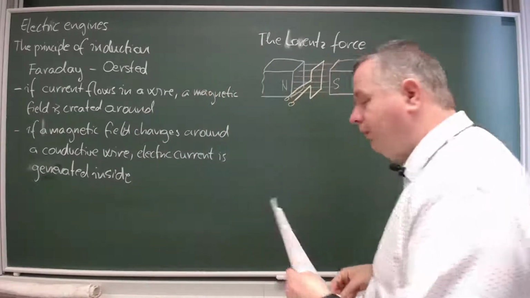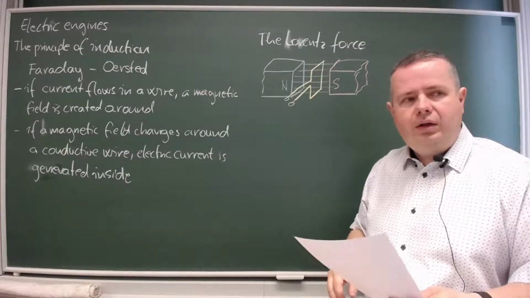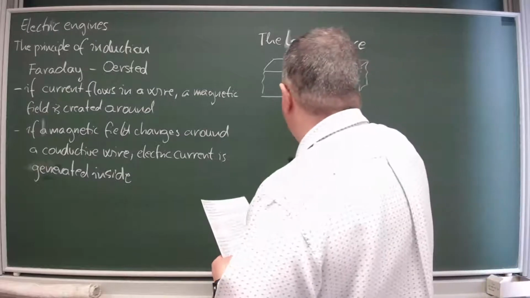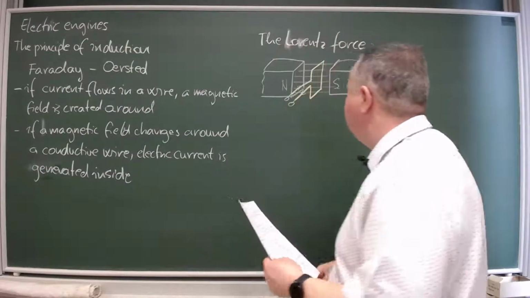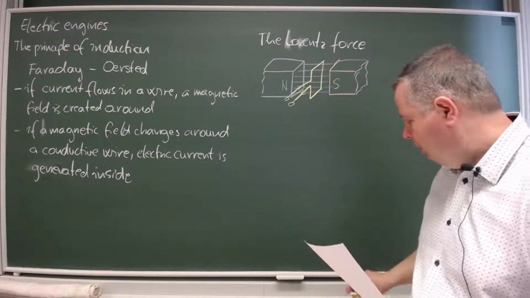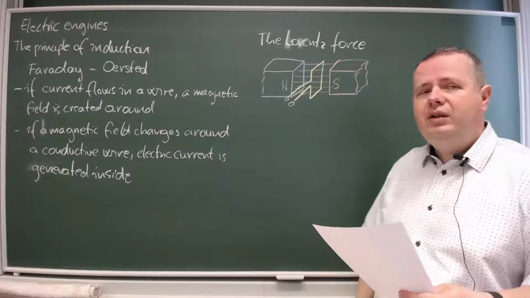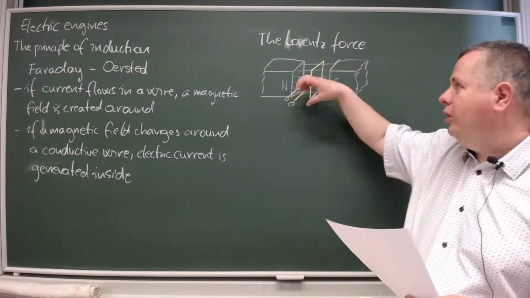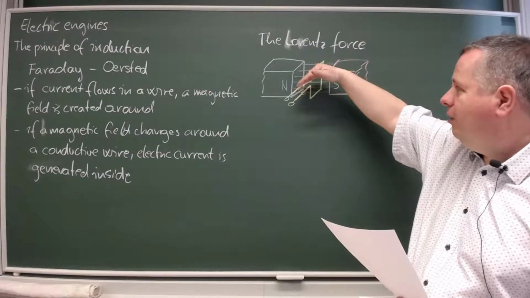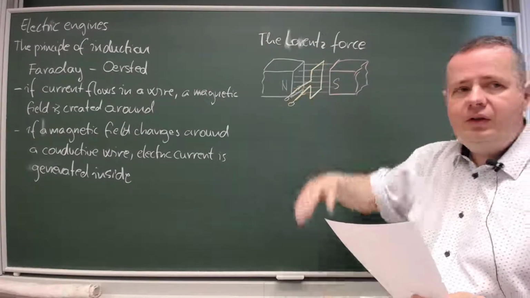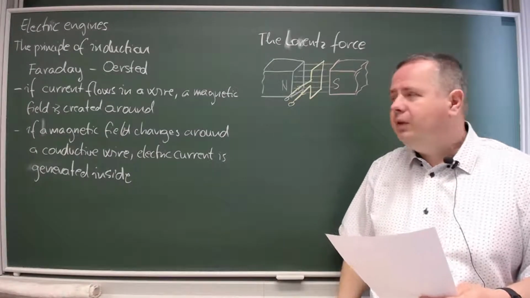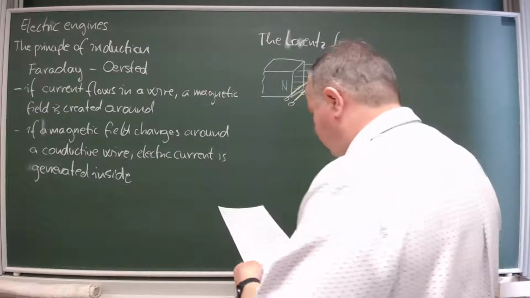If you apply a continuous current to this wire loop placed in a magnetic field, you will see that the magnetic field wants to turn this loop. It wants to turn so as to have a parallel position with the magnetic lines. Okay? This was quite an interesting observation.